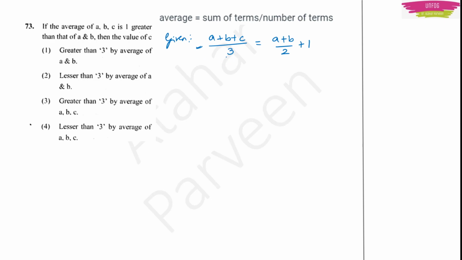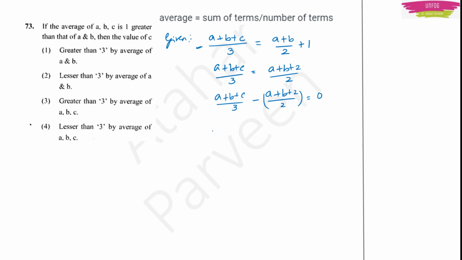Okay. Now using this equation, you have to find the value of C. What you do? A plus B plus C by 3, it will be equal to, just to simplify, A plus B plus 2 by 2, or A plus B plus C by 3 minus A plus B plus 2 by 2. You take it in the bracket. This will be equal to 0.